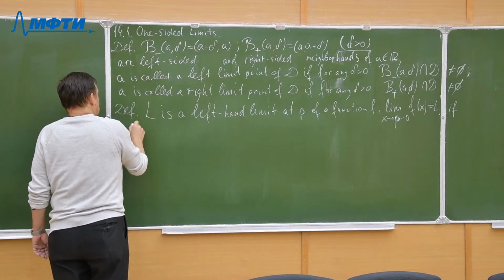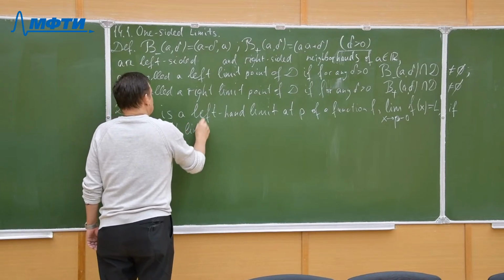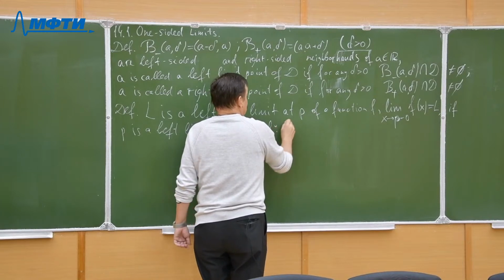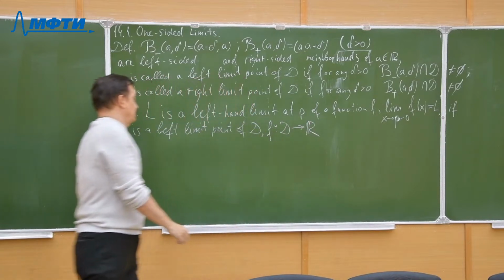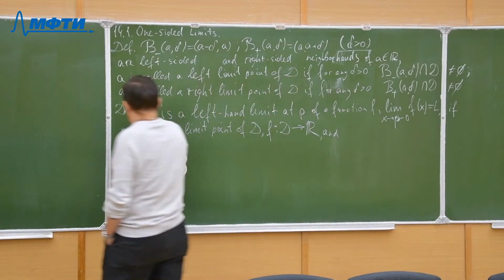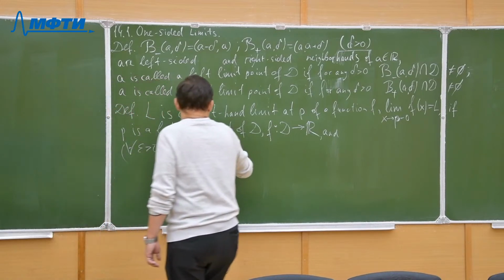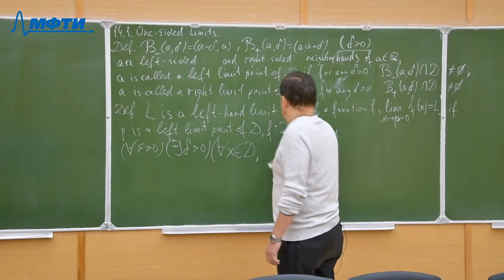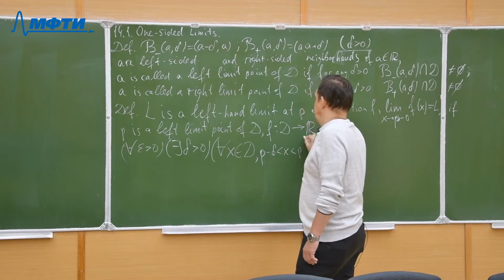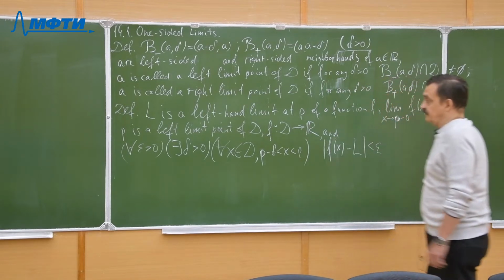p is a left limit point of D, f is defined on the set D, and for any epsilon greater than 0 there exists delta greater than 0 such that for all x in D which are between p minus delta and p, we have the absolute value of f of x minus L less than epsilon.